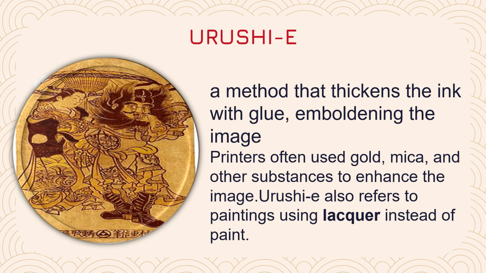Urushi-e is a method that thickens the ink with glue, emboldening the image. Printers often used gold, mica, and other substances to enhance the image. Urushi-e also refers to paintings using lacquer instead of paint.